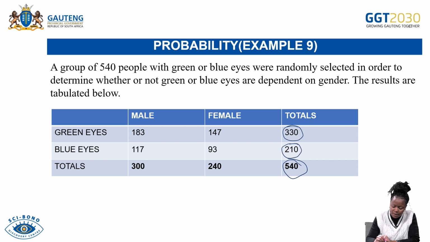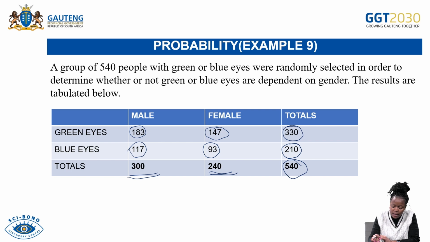But if the person needs to be a female, then it's going to be 147 of people with green eyes that are females, and then 93 people with blue eyes that are female, and then 183 people that are male and they have green eyes, and then 117 that have blue eyes and they are male. And then these are the totals of the males and the totals of the females, right?